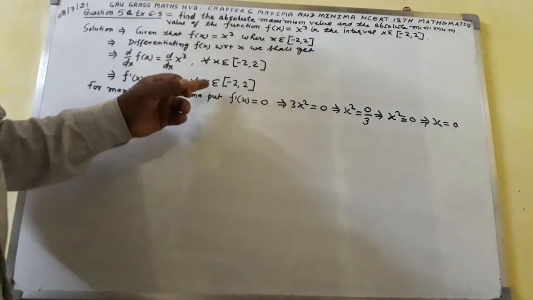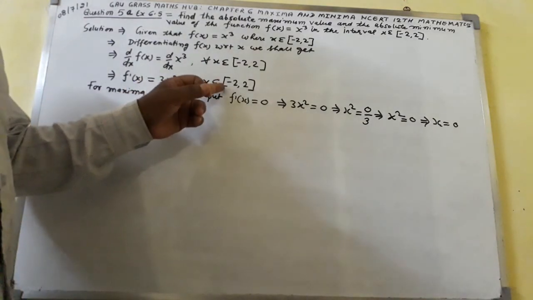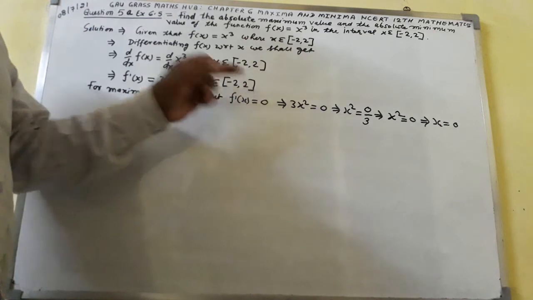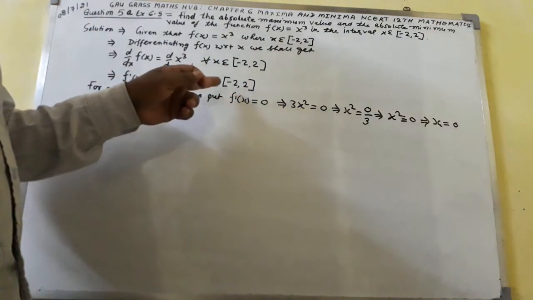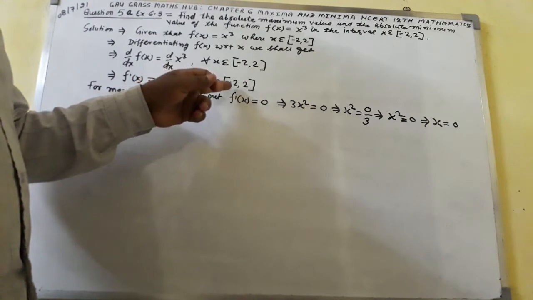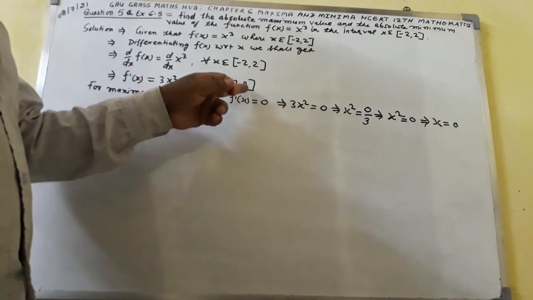Here you can see, for all x belongs to closed interval minus 2 comma 2 closed interval, the value of x will fall between minus 2 and 2.